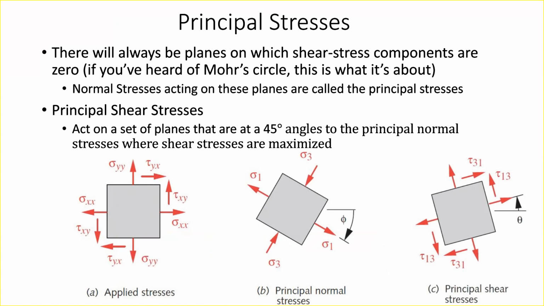This is useful because you can describe the loading based on only 3 parameters at a given point in the part. This is what you would call the eigenvalues of the Cauchy stress tensor, which is a mouthful, but it basically means that there are 3 values that describe the stresses at any given point. Shear stresses can be converted into equivalent normal stresses if you rotate your reference frame correctly.